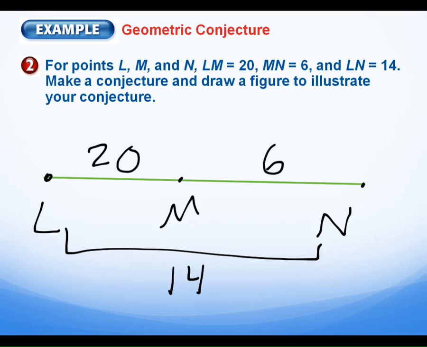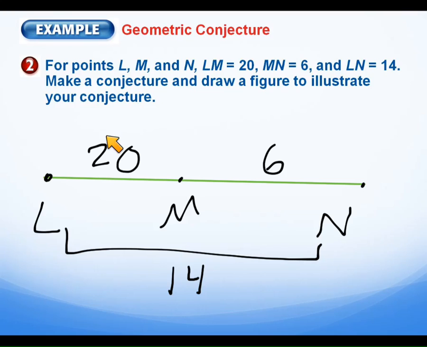Now, this one isn't a pattern. I didn't get a conjecture based on a pattern here. But a conjecture is just making some true statement based on what's given to you. So that's what's given to me. What's a true statement about the points L, M, and N?